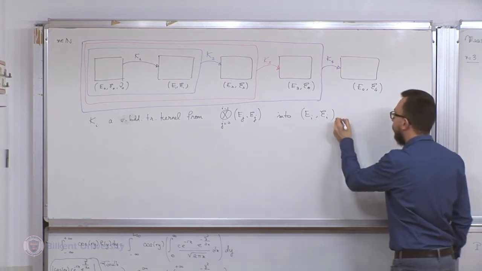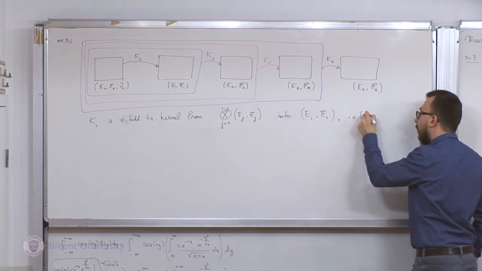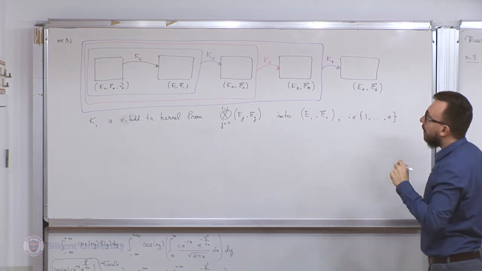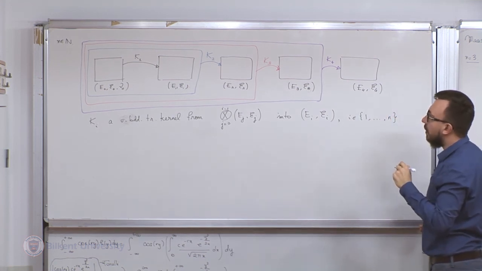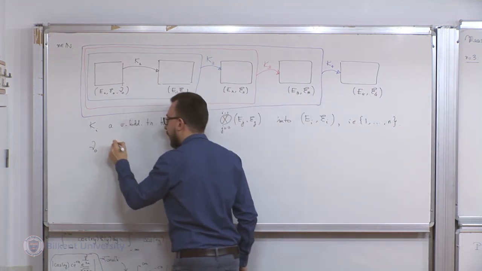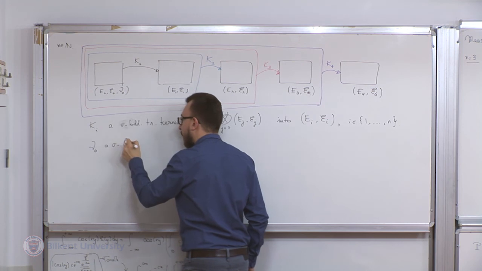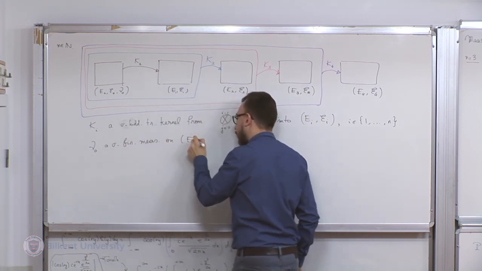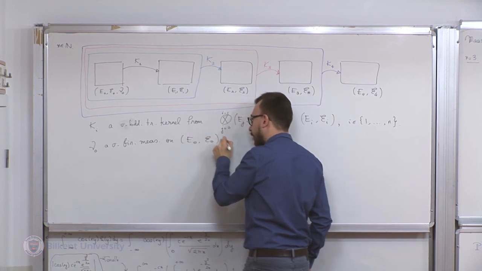And this is for i between 1 and n. And nu 0 is a sigma finite measure on E0, script E0.